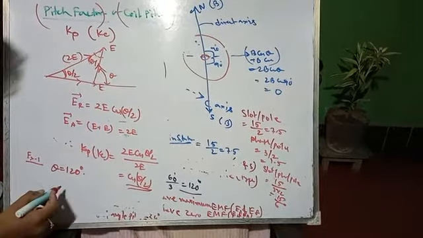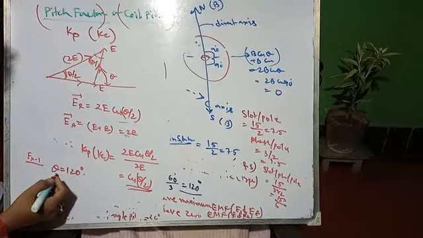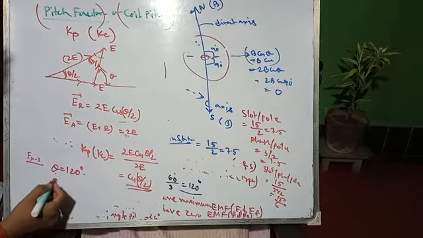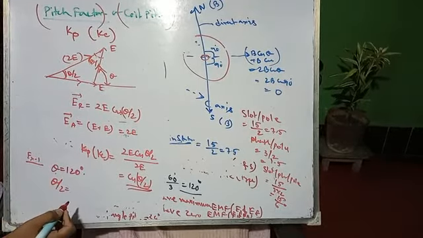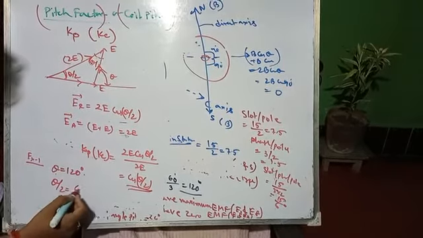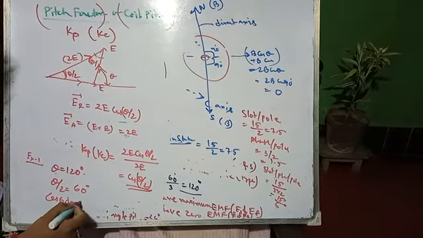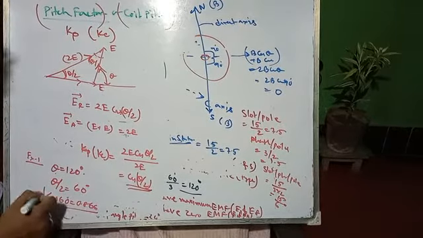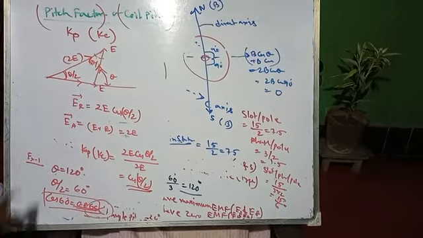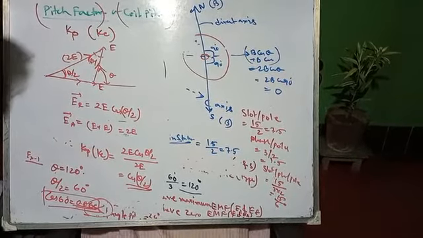So theta equals 120 degrees here, so theta by 2 equals 60 degrees. Cos 60 degrees is 0.866. This is your answer, always less than 1.